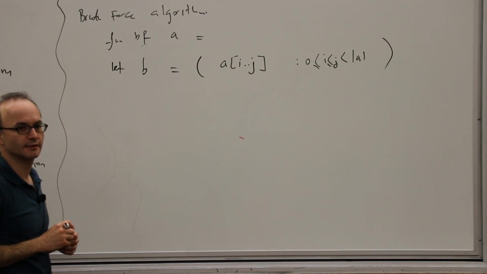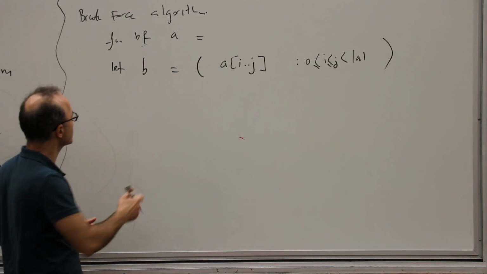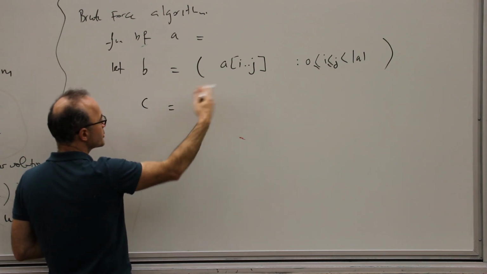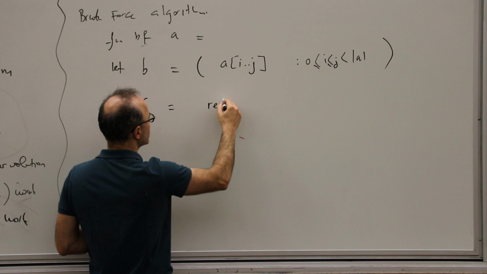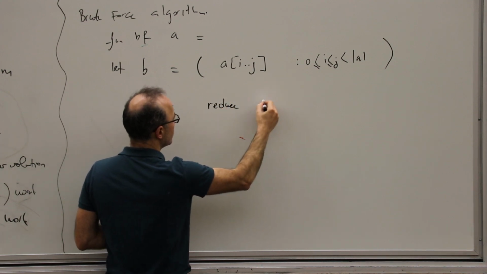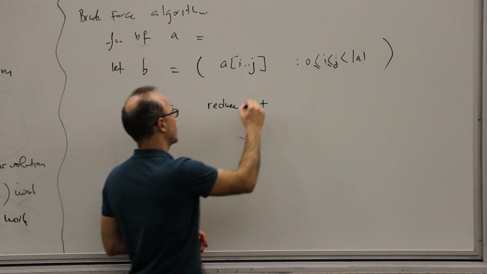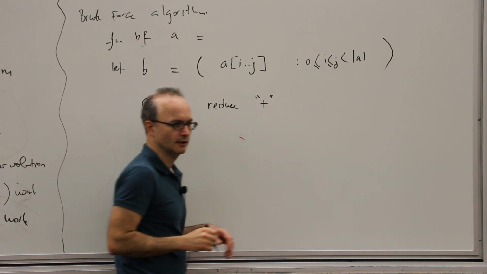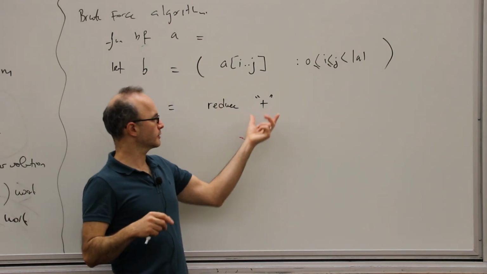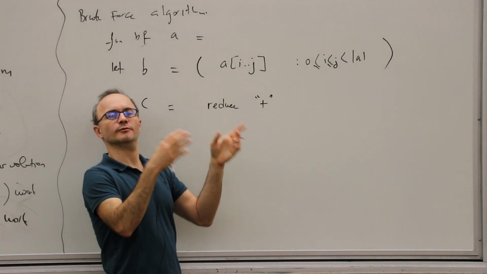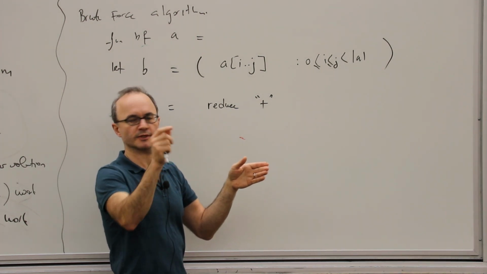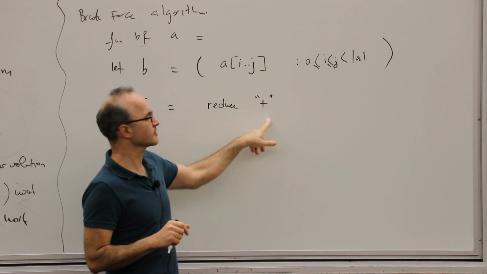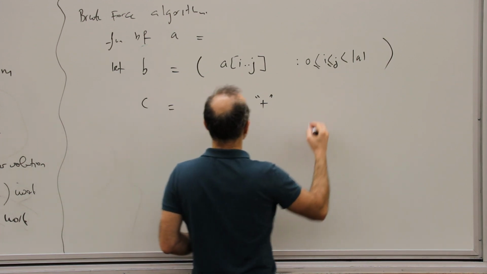Any ideas? Reduce. Good. So let's first do a reduce to compute the sums. We can do a reduce with a sum operation. I'm going to write it in quotes, but you know what I mean here. What you want to write here is actually lambda x and y, x plus y. Just to be concise, I'm going to use that.